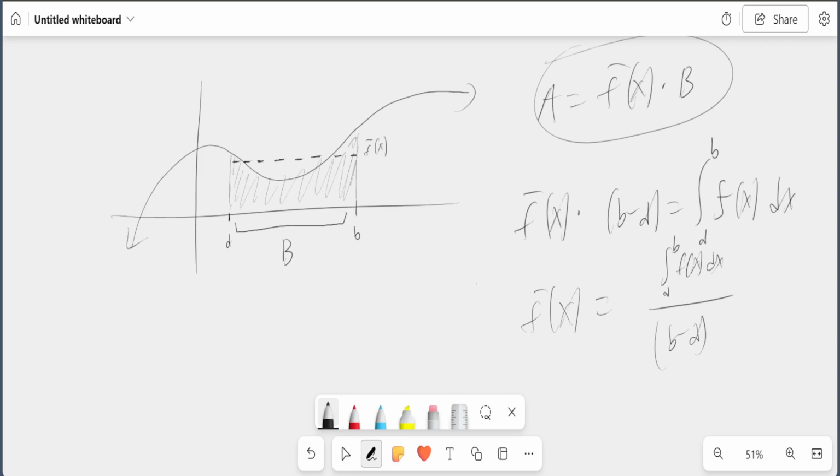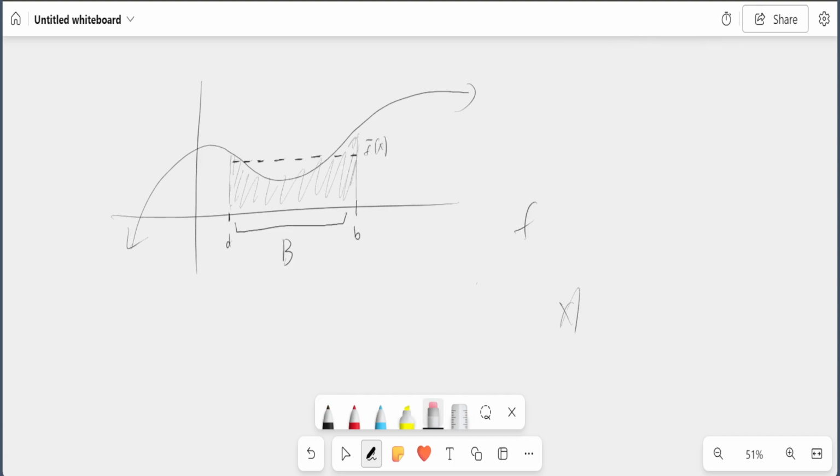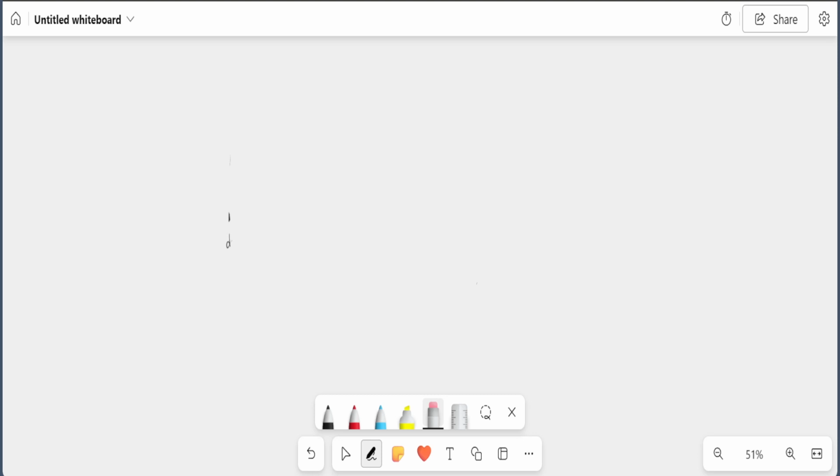Integration by parts is just the product rule, but kind of in reverse. If you have two functions, let's say u and v, that are functions of x, then d over dx of u times v is equal to du dx times v plus dv dx times u. I haven't done this with this notation, so I don't know how well it'll go.